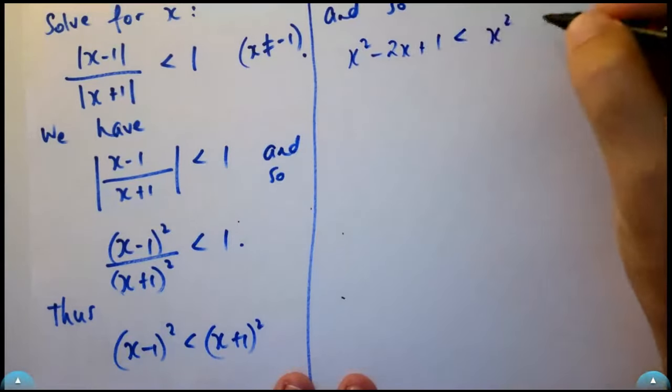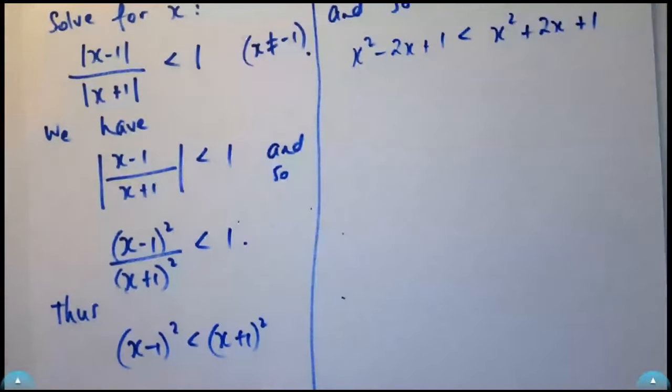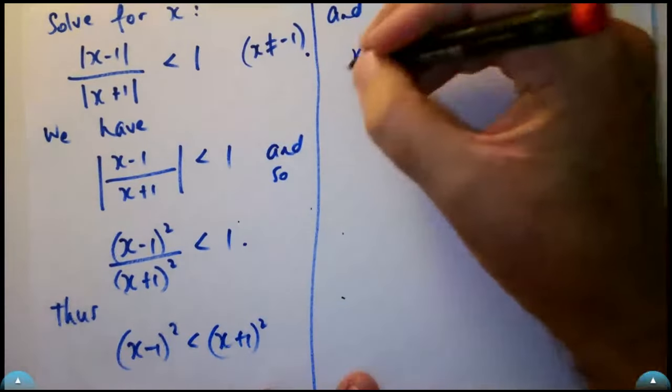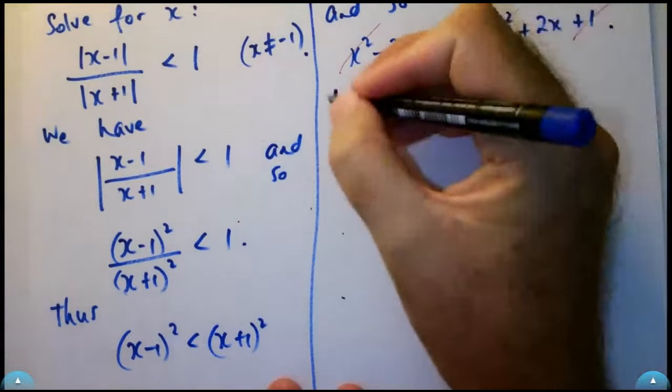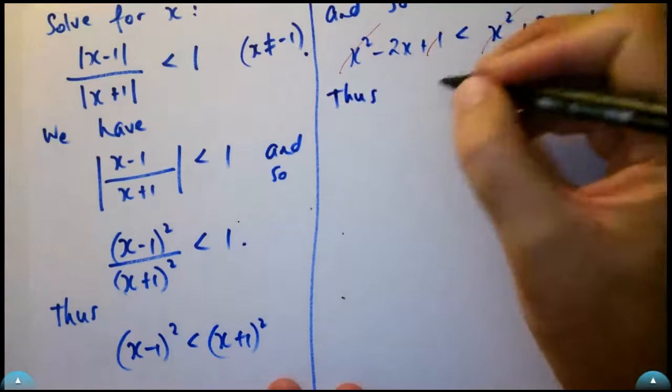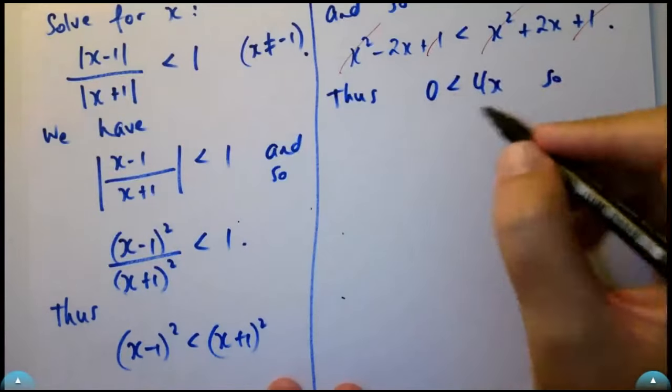So we're still trying to simplify this. So we're going to get some cancellation here. So that's going to cancel, that's going to cancel. This is going to be, bring that to the other side. We're going to get, so divide by 4, which is positive.